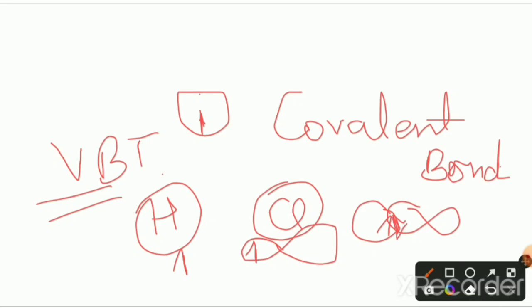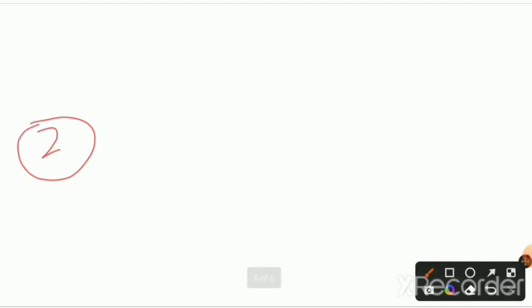Note it down: this is the overlapping region, which has a maximum density of electrons. So the first postulate explains the formation of the covalent bond. Now let us talk about the second postulate of valence bond theory. The second postulate explains the types of orbitals.